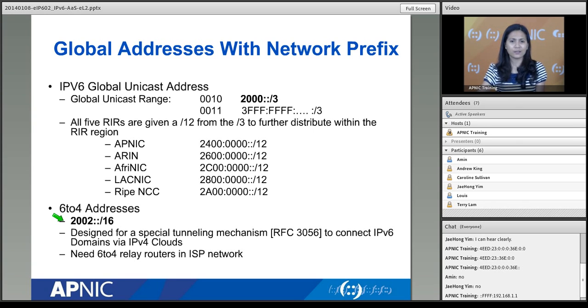Things like SixXS or Hurricane Electric, try those ones out. So when you, let's say, sign up to these, you will get an IPv6 block, and notice that it uses a block that is within this range, 2002. That's because that's the block we're using for any tunneling mechanisms, 6-to-4 mechanisms. Okay, so that's the value with that.